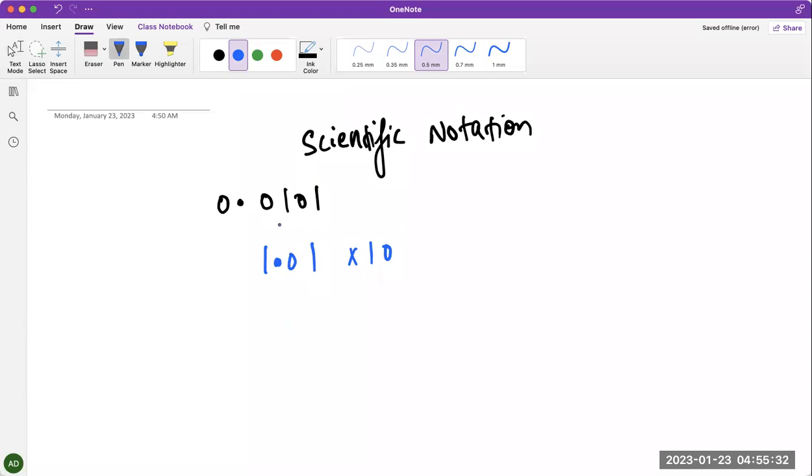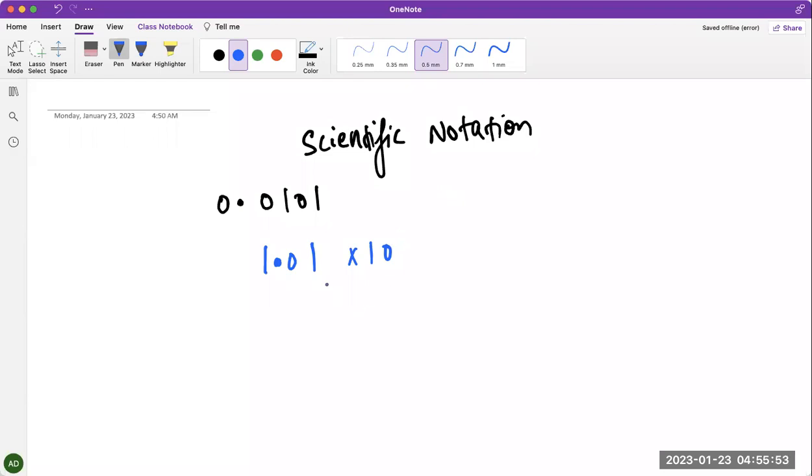First of all, when your decimal is sitting here, and you change this number from 0.0101 to 1.01, did you make this number big or small is what you want to ask yourself, so that we can figure out what to do with this exponent here.